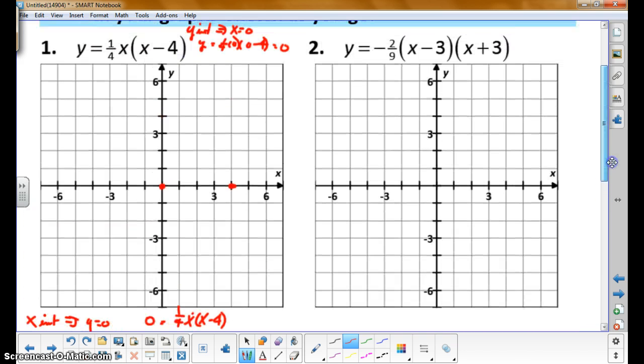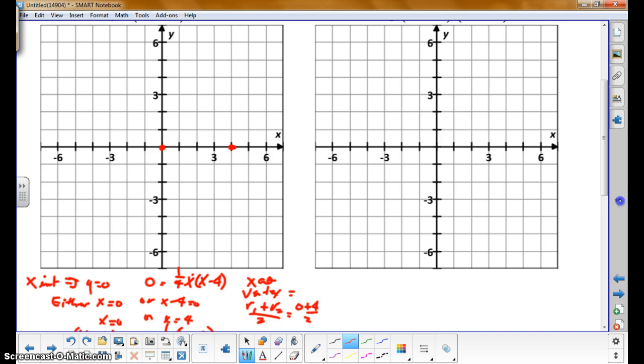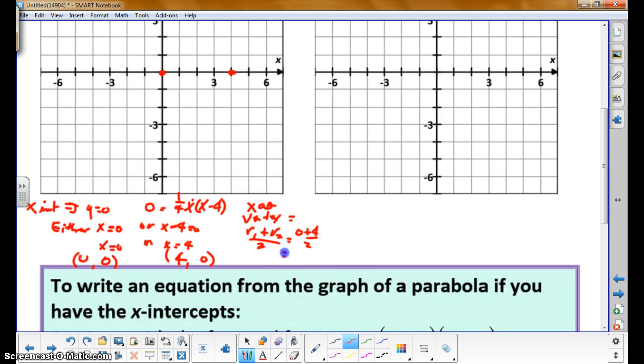But we do have the ability to figure out where the vertex is. And that vertex is going to be halfway between the two roots. So we can say x at the vertex is equal to r1 plus r2 over 2, which is equal to 0 plus 4 over 2, which is equal to 2.